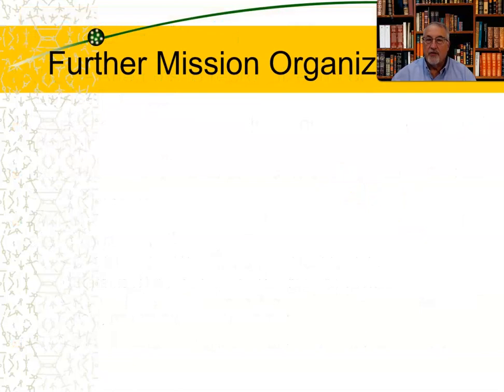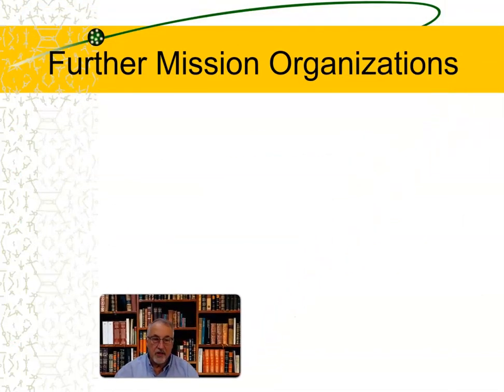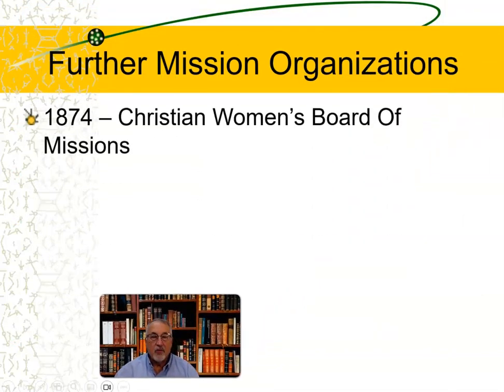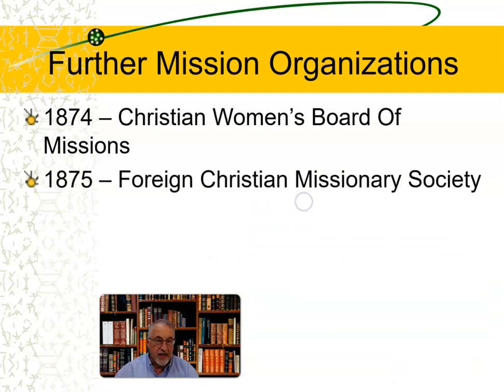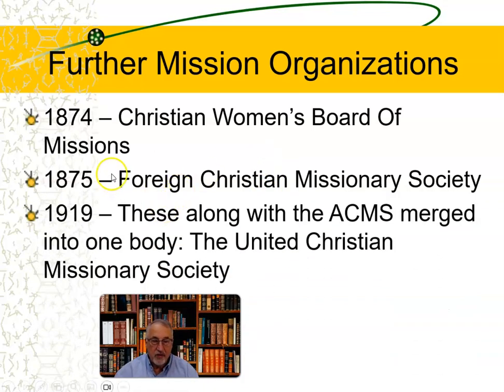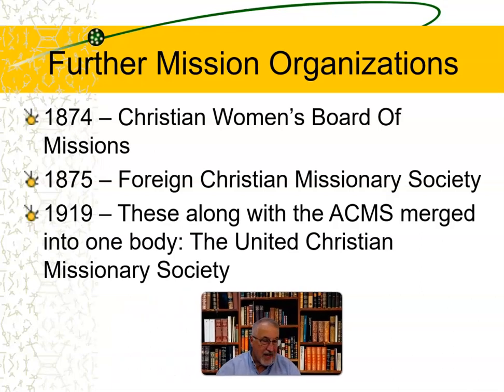Well, there were further mission organizations along the way. What were they? The Christian Women's Board of Missions, the CWBM, 1874. 1875, the Foreign Christian Missionary Society. These, as we've already mentioned, along with the American Christian Missionary Society, will unite in 1919 as the United Christian Missionaries Society.